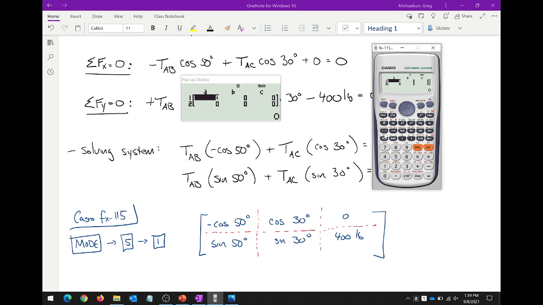So negative cosine 50, equals, cosine 30, equals. If you have your calculator in radian format, you might need to go back and change your mode to degree format and then come back here and do this, so make sure that you're using a consistent format. The next term is 0.